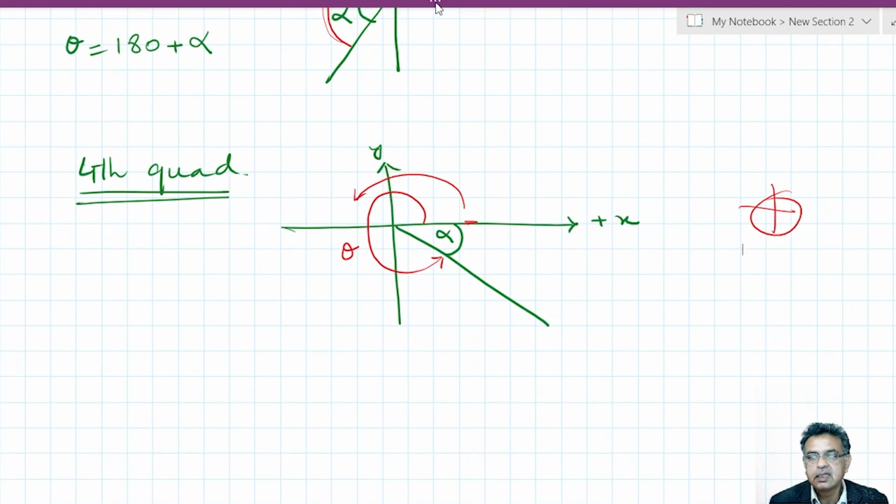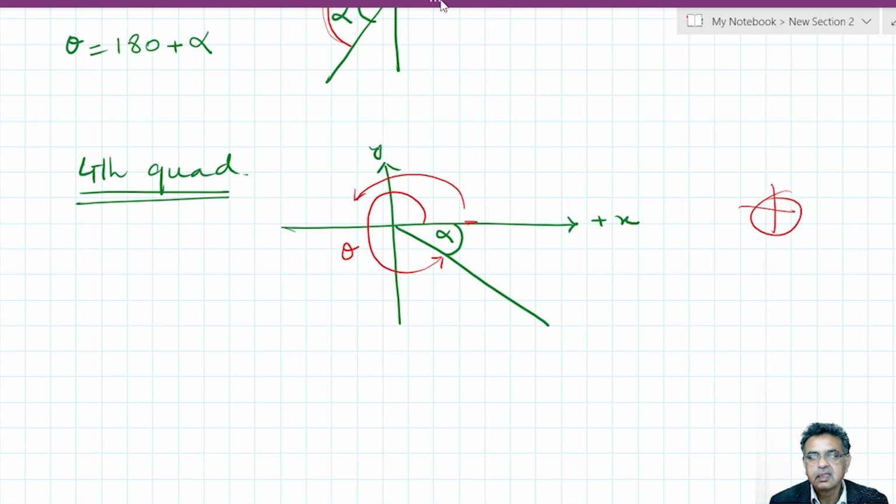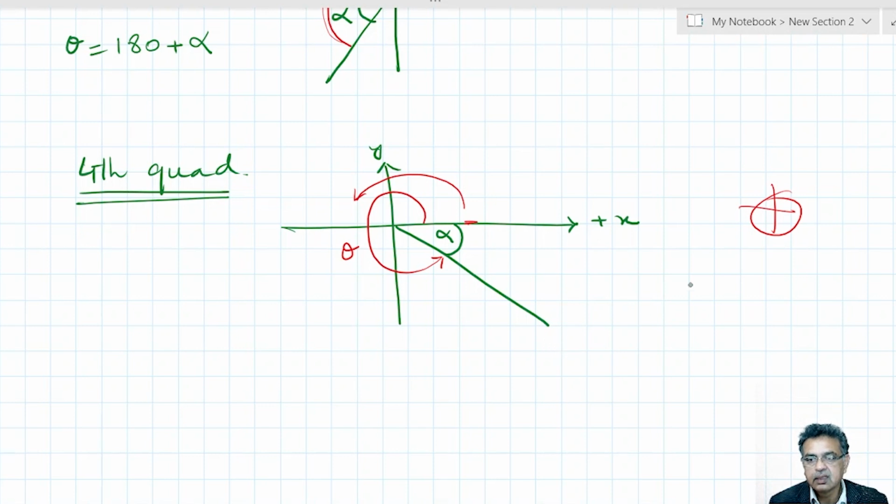So we can say that the sum of these two angles is equal to 360 degrees. Theta plus alpha is equal to 360 degrees. This is how we can relate the positive angle and the basic angle or reference angle.